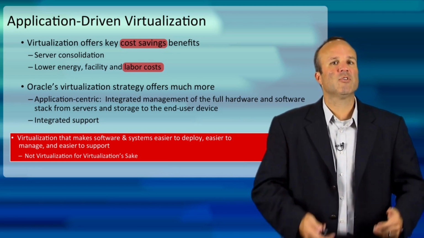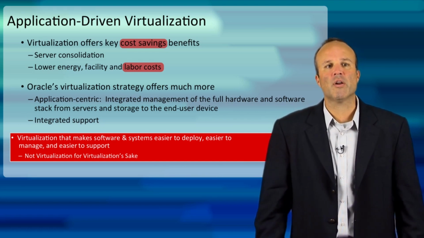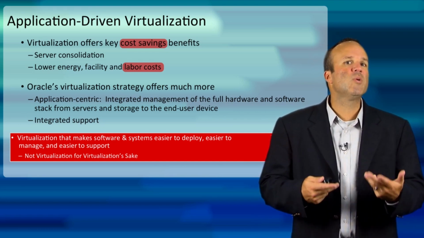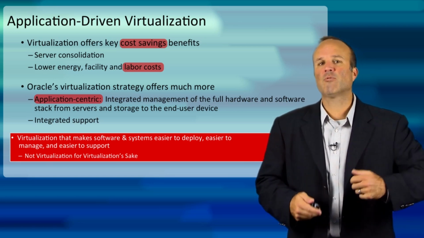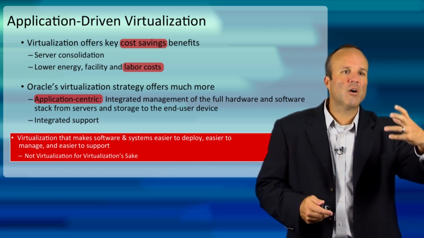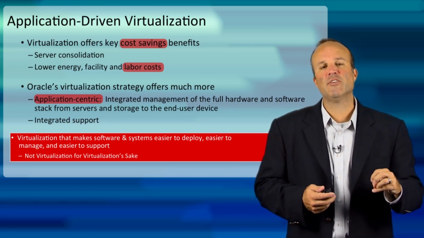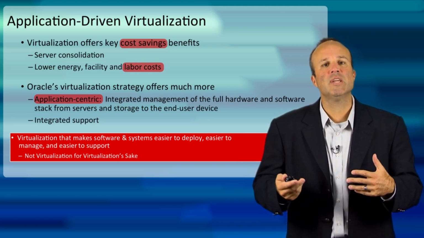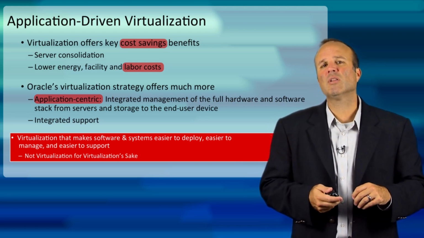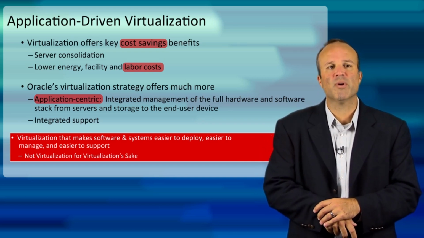What we're doing with the Oracle VM family of virtualization products is we're delivering more. We're really focusing on application-centric benefits. We are integrating the management of both the hardware and the software stack, from servers to storage all the way to the end user device, making it more efficient to virtualize how and where you need, but also to do it with some sort of cloud-like features that more automate the types of functionality that you want to bring on board.